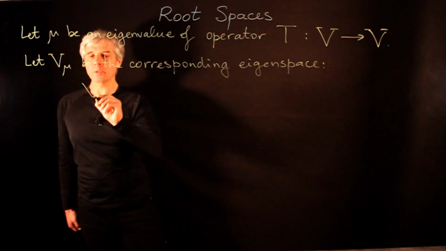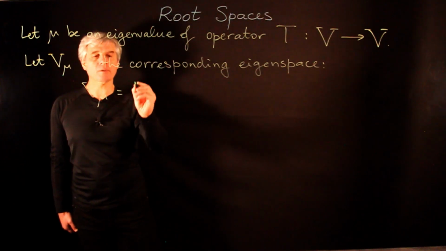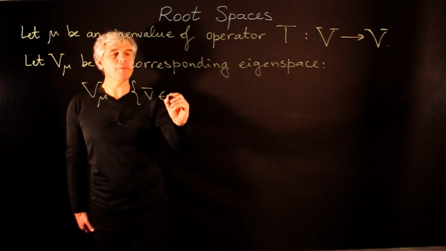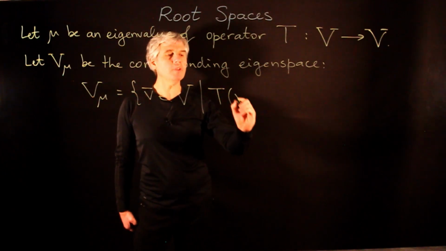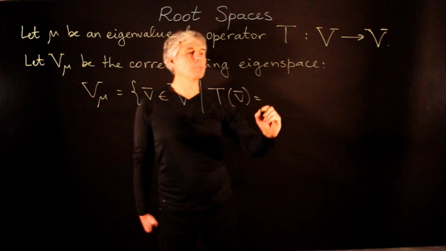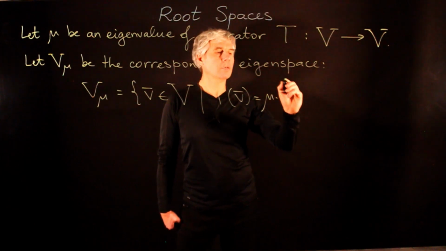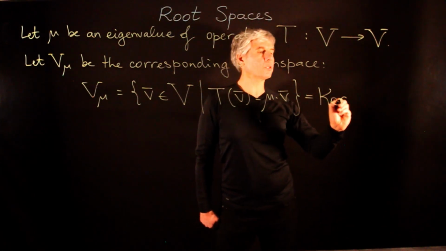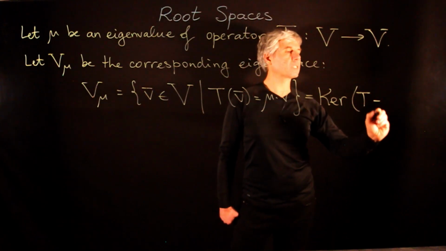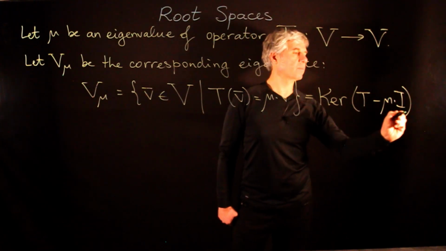So V mu is the set of vectors v in our vector space such that T applied to v is equal to mu times v. Or this alternatively can be written as the kernel of T minus mu times identity.